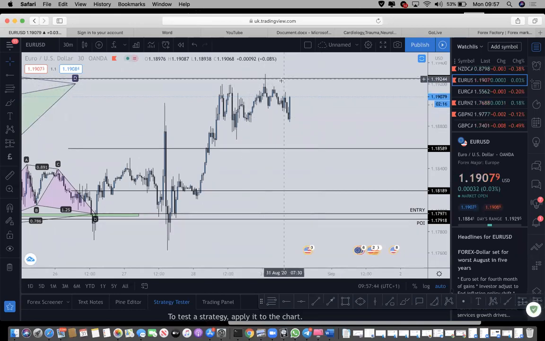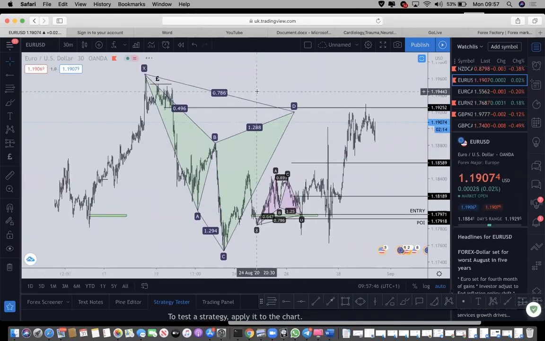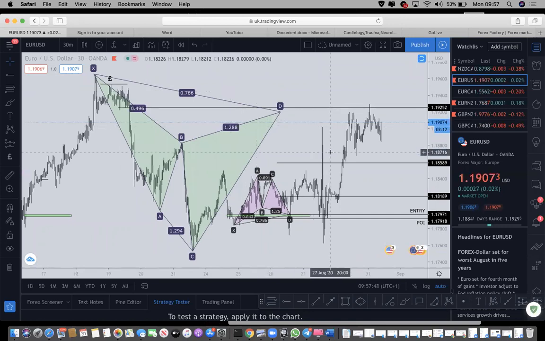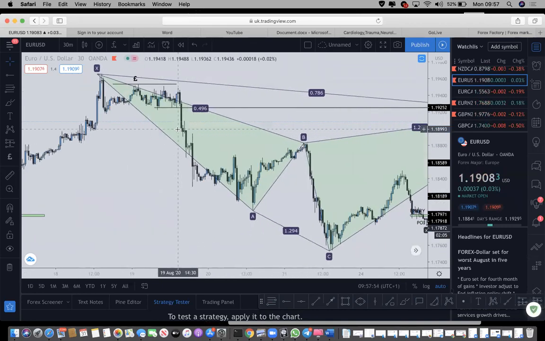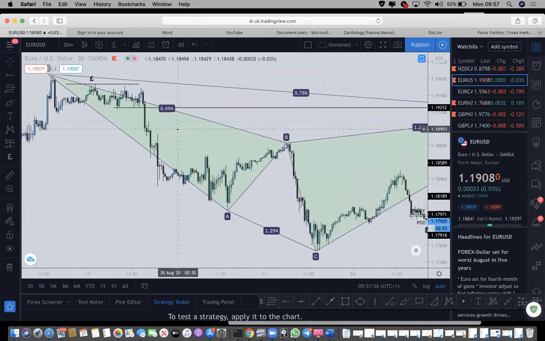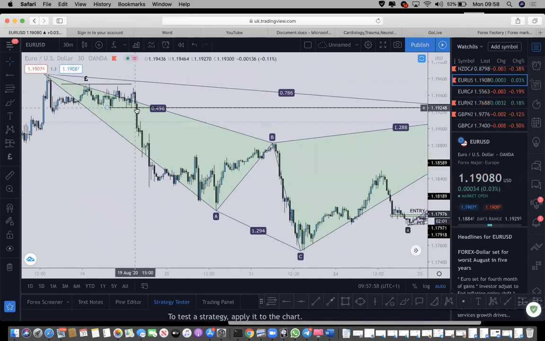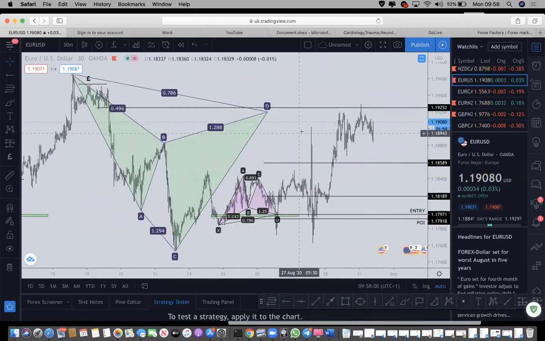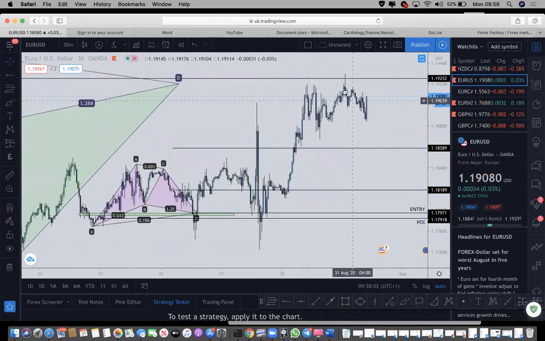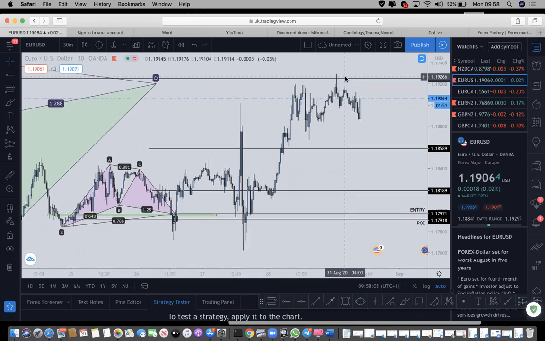Okay, so on Euro USD, I had my point of interest at 1.19252, and if anybody in the group chat, because I posted this trade in the group, took my entry, that would have been a sniper entry right there for you. We sniped it around 1 a.m. this morning.